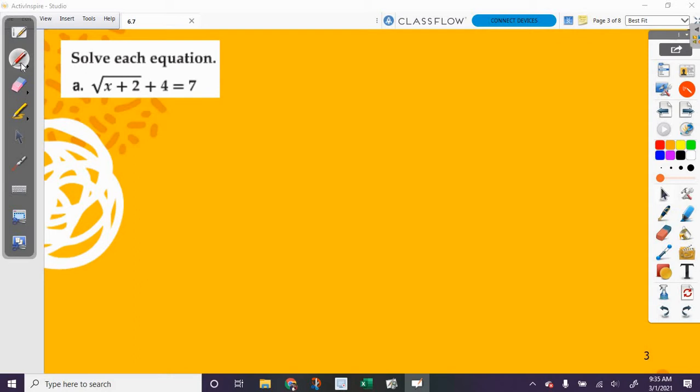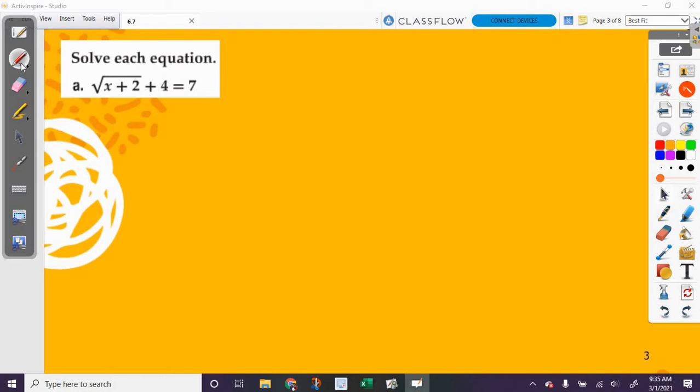So it says to solve each equation. So notice I have the square root of x plus 2 plus 4 equals 7. So notice that my x is underneath my radical. So this means that I have a radical equation. So our first step is to isolate the radical, or basically get our radical by itself.